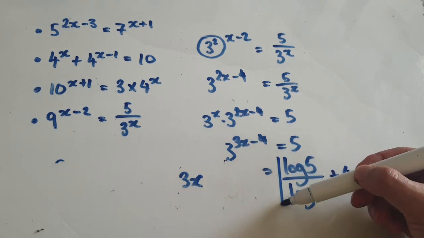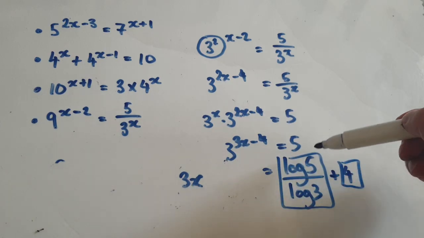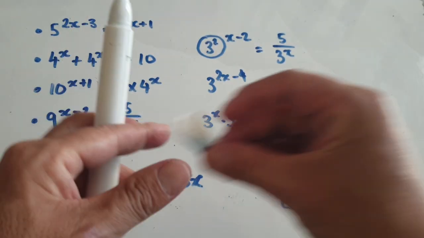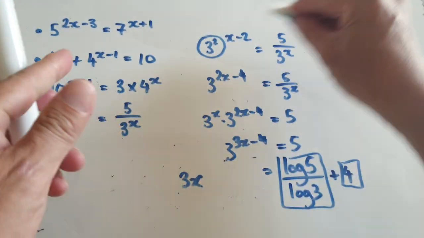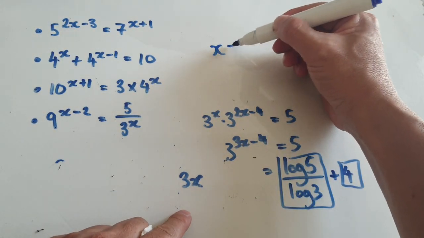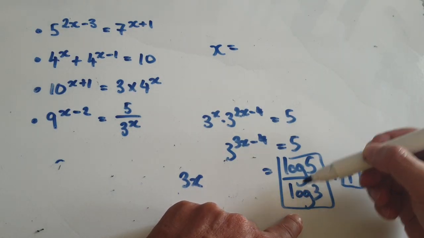So imagine this as one thing plus another thing. When you divide by 3, divide this block by 3, divide this block by 3. So that will then give you x equals, divide this block by 3. When you divide by 3, it gets multiplied to the bottom.